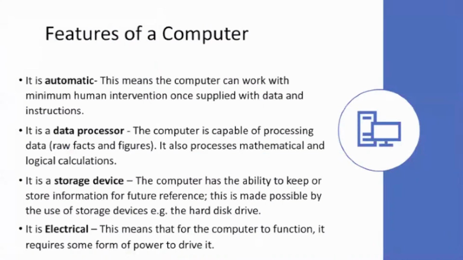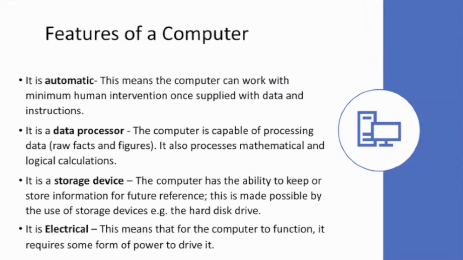Then let's move to features of a computer. What are the features of a computer? A computer is an automatic device. That means we do not need to follow it step by step. We can give it instructions, then we can get the output.